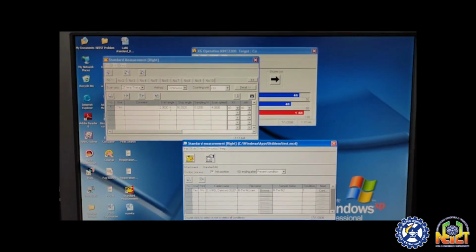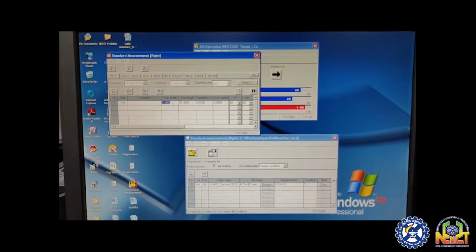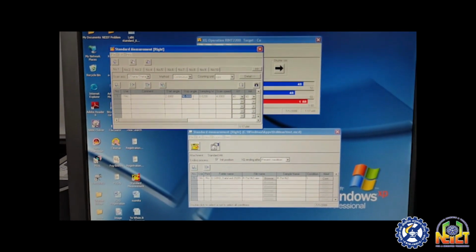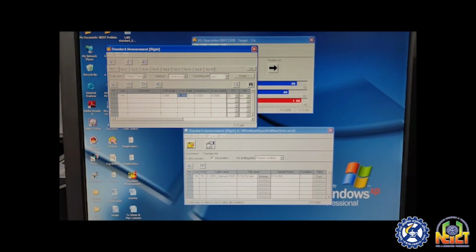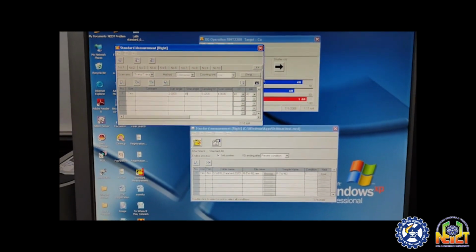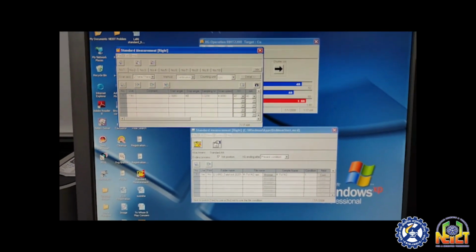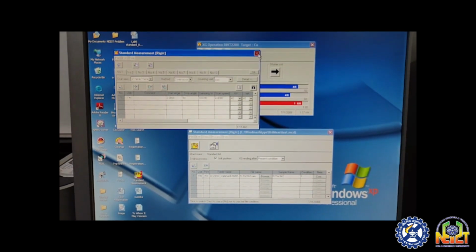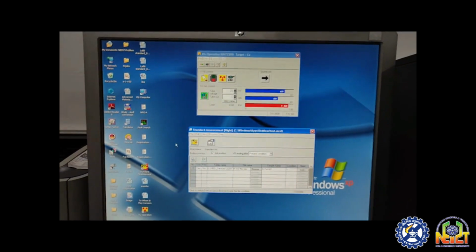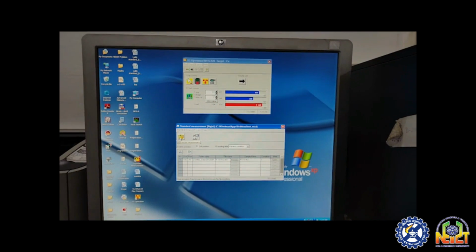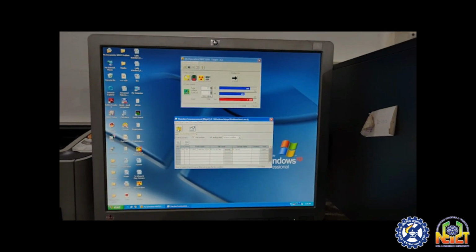So here we can write 2 degree, and here it was already written, but I want to show you this is 90, and then just close this window, and then we can go for execute measurement.